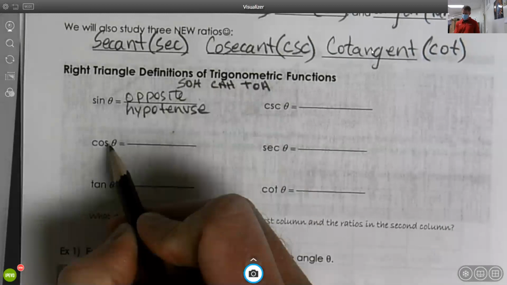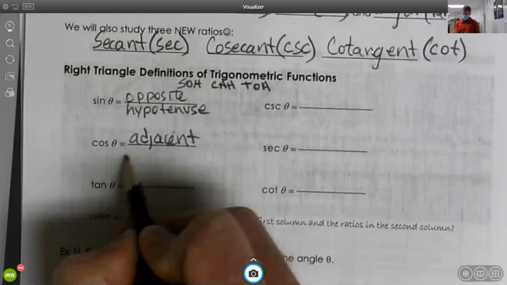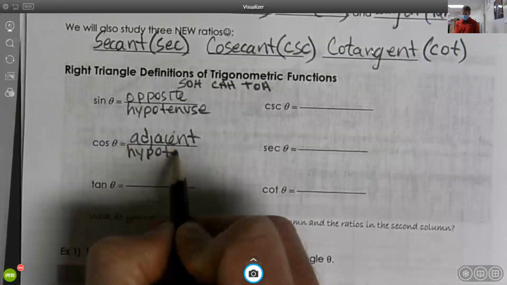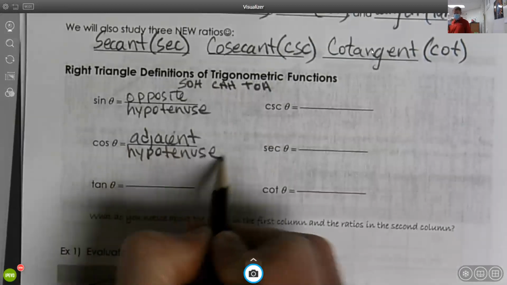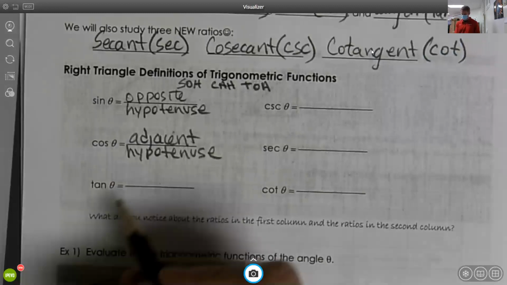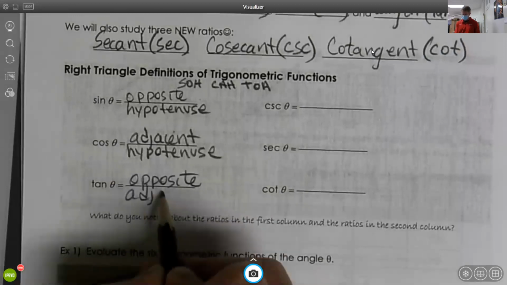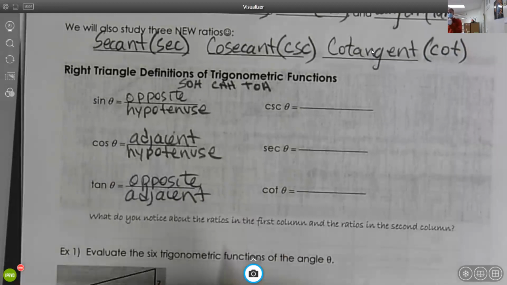You know that cosine is the adjacent over the hypotenuse. And of course, tangent is opposite over adjacent. Now you're looking at 3 more, and you're wondering, how am I ever going to remember 6 of these?